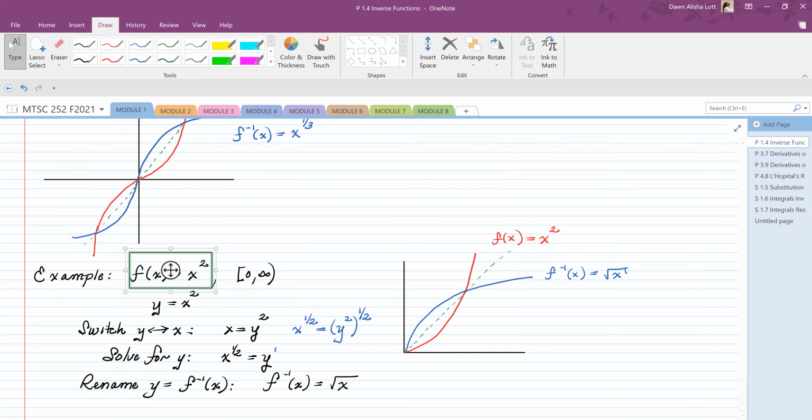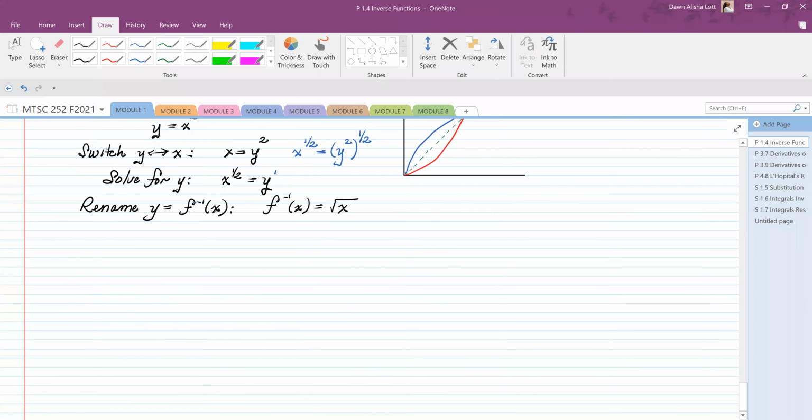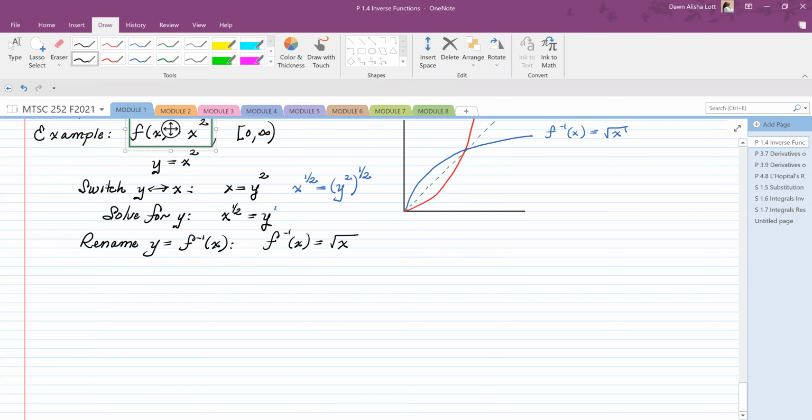All right, here's one more tough. This is a little bit tougher, not much, but just a little bit, just to keep us on our toes. We have f of x is equal to 2 times the square root of x minus 3.